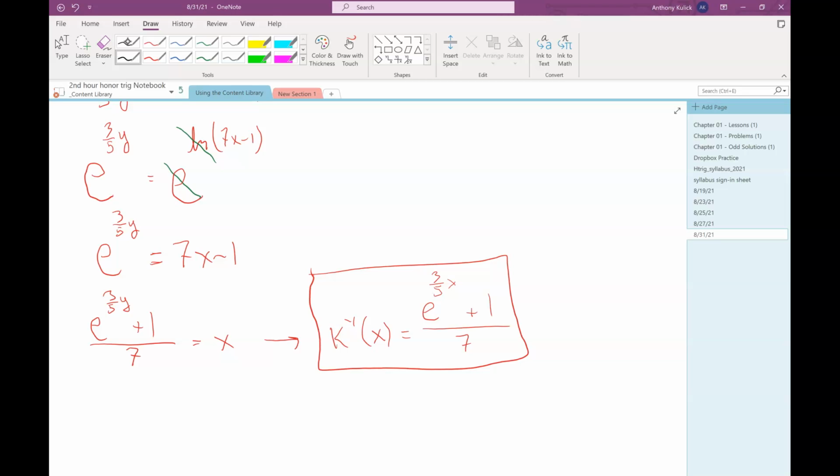Everybody's good? So we found these inverses algebraically. How do you know you're right? How do I know that, like, okay, I got this answer. Is this answer actually correct?